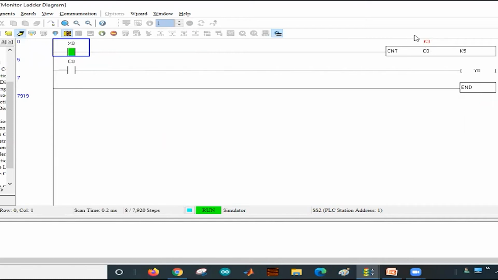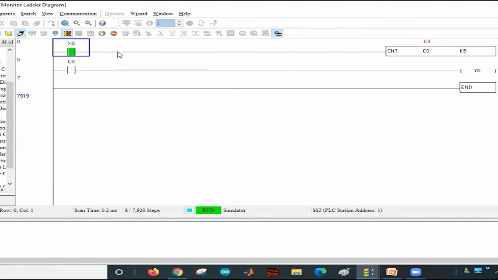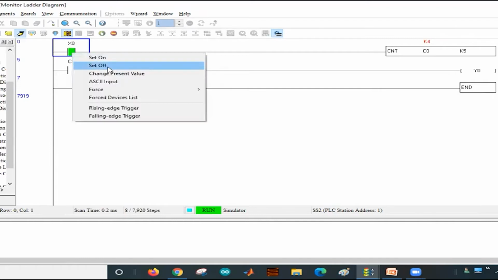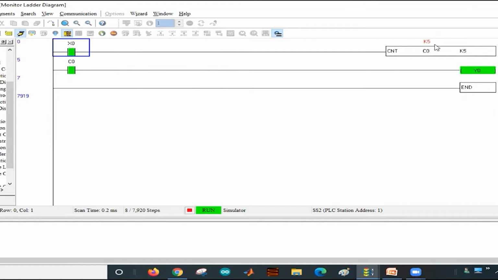Another product, it will be 3 and off. Another product, it will be 4 and off. If another product comes to the sensor, then 5. Right now our set value is 5 and the counter value has also reached 5. In such a case, this counter's internal coil C0 will be on. Whenever C0 is on, Y0 is also on.